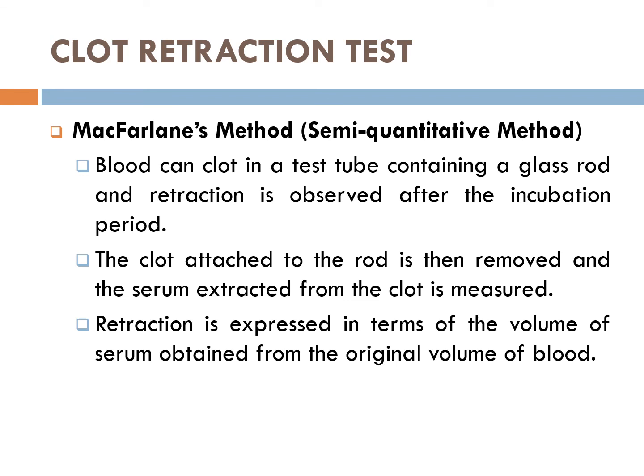So you have to also observe for clot retraction after the incubation period. The clot that has attached to the rod is removed, and the serum that has remained inside the tube must be measured.